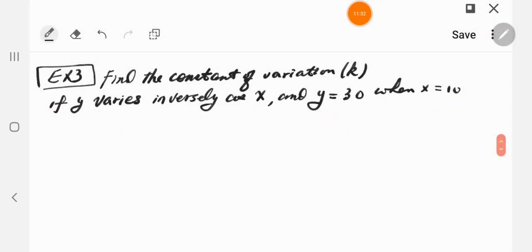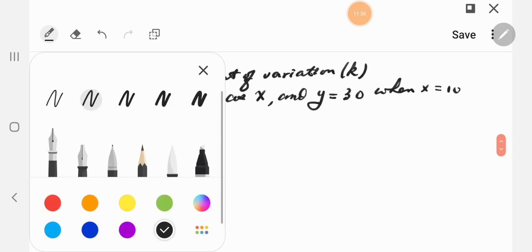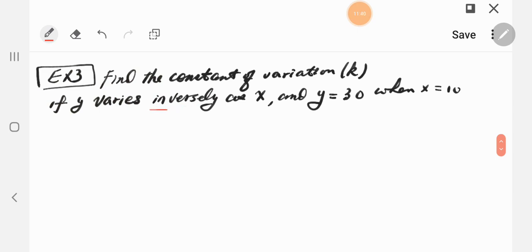Okay, example 3. Find the constant of variation K if Y varies inversely as X. Look at this, this one is inversely. So this will be inverse variation.